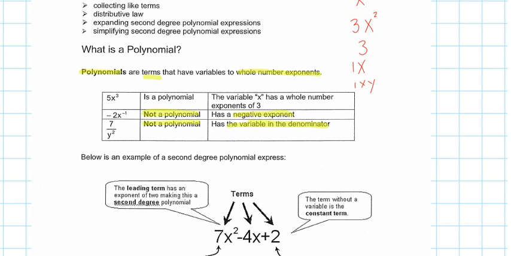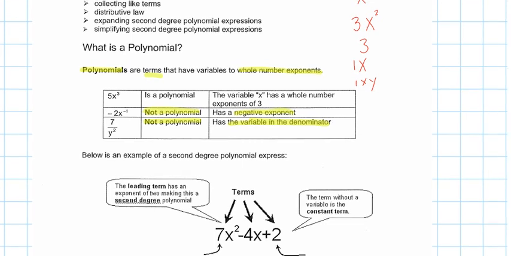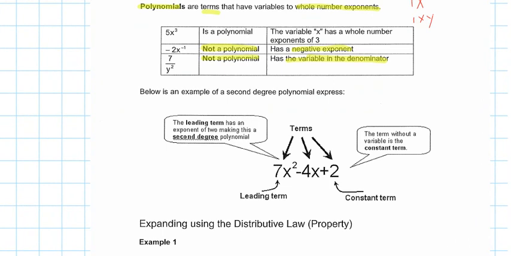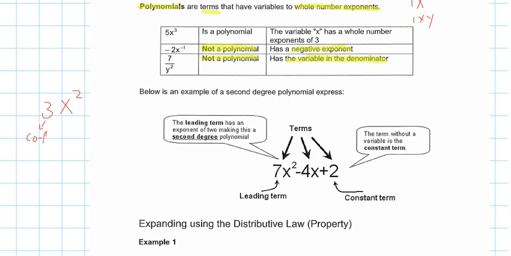What's a second degree polynomial? Second means 2, right? So that means the highest degree, the highest exponent is 2. So remember that in a term, the term is going to have a coefficient, a variable, and then the exponent or the power or whatever you want to call it.